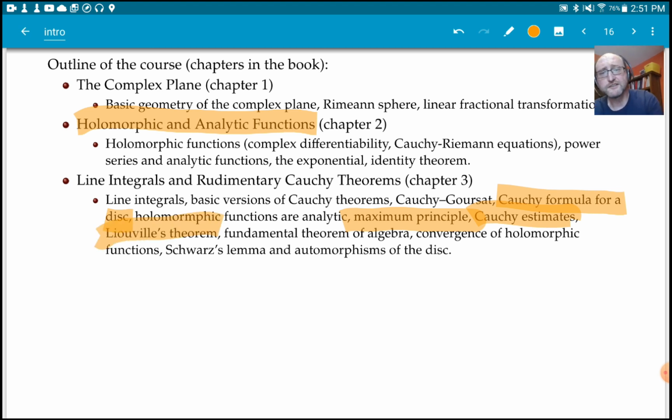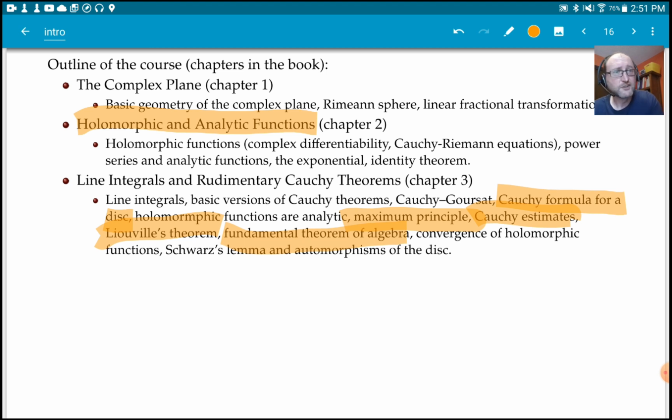We get Liouville's theorem, which tells us that functions defined in the entire complex plane, if they're holomorphic and bounded, are actually just constants, and that immediately gives us the fundamental theorem of algebra. Seems like it's a theorem of algebra, but it's really a theorem of complex analysis.